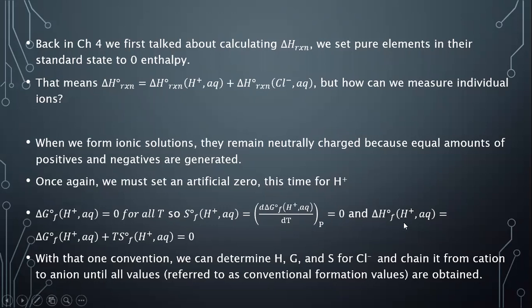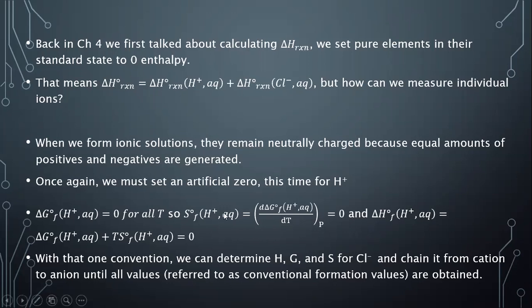So we have our delta H, our delta G, and our delta S for hydronium formation all being 0. With that in mind, we can measure our entropy of chloride, our Gibbs of chloride, and our enthalpy of chloride without any problem. And you can use this to measure another cation and then another anion and so on and so forth until we have every cation and every anion.